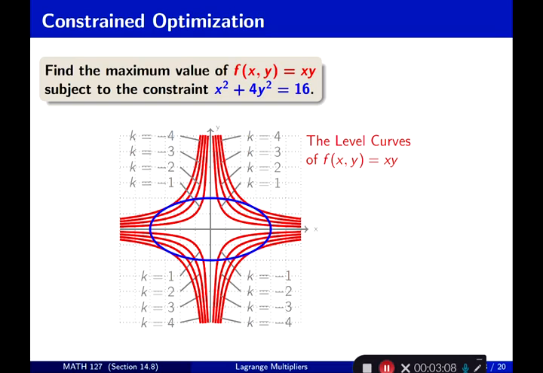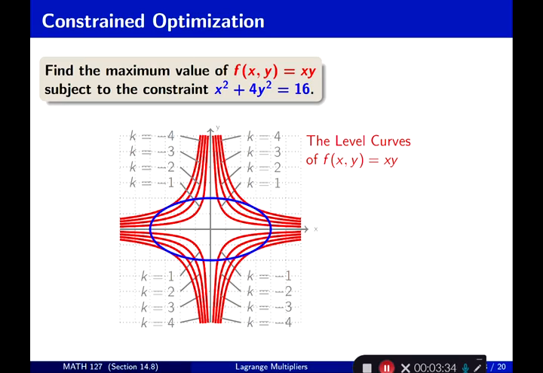Looking at this picture, I see that the level curves are getting bigger and bigger in the first quadrant. The values of the function on those level curves get bigger and bigger as you get away from the origin.